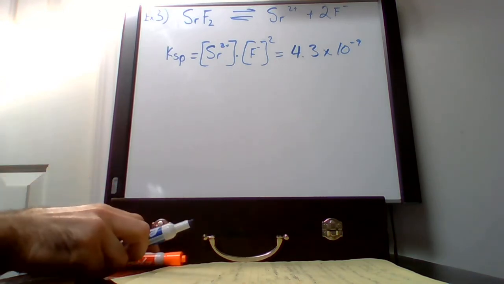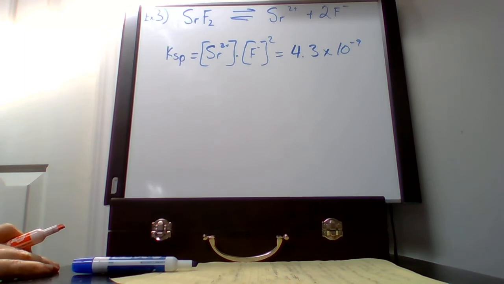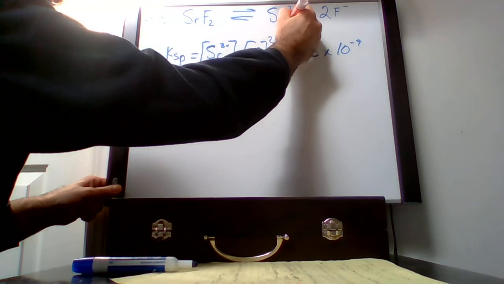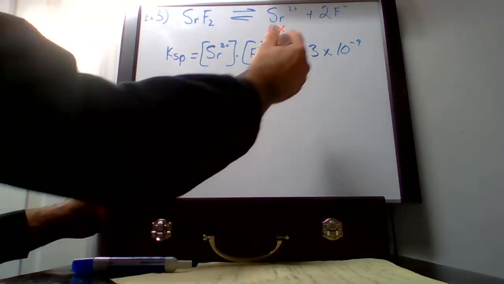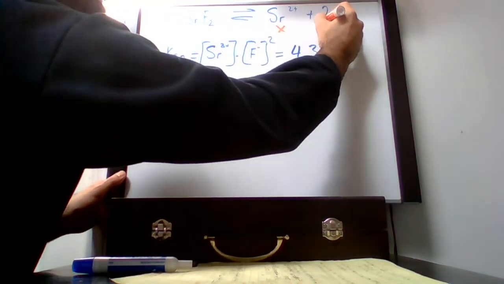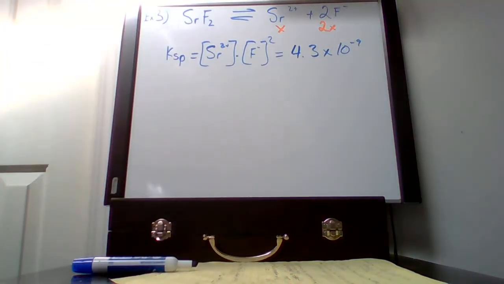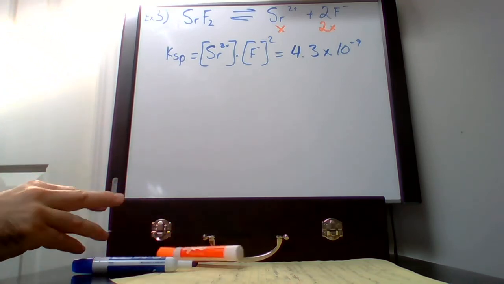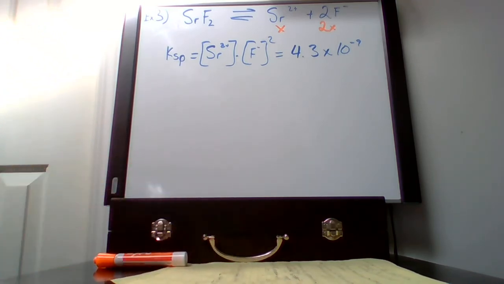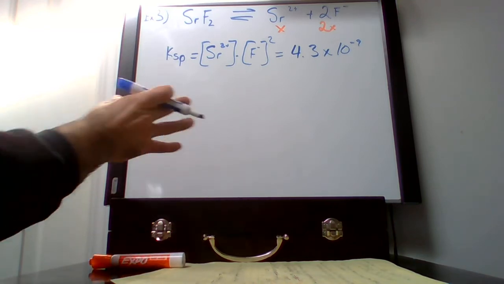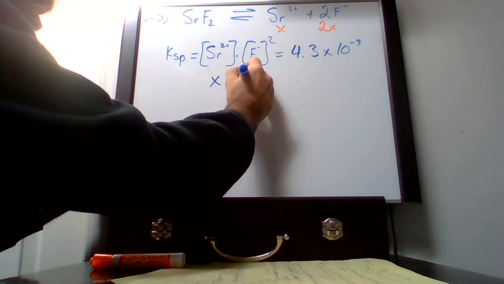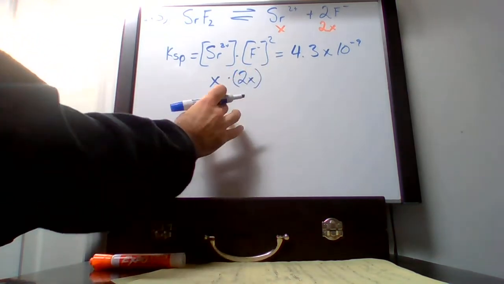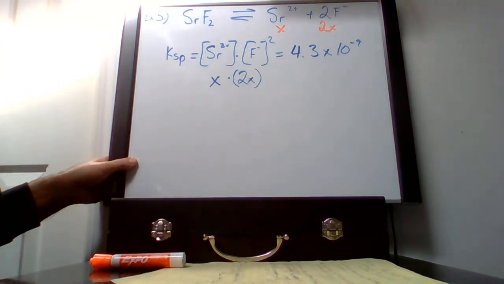Okay, now again, that doesn't really seem like enough information, but we want to go back here and we're trying to figure out what this strontium concentration is. So let's give that the value of X. And since we don't know what our fluoride concentration is either, we can just compare the molar ratios and give that a 2x value for the concentration. So now we can take a look here at our KSP being our X multiplied by our 2x, right, the concentration of the strontium and the concentration of the fluoride.